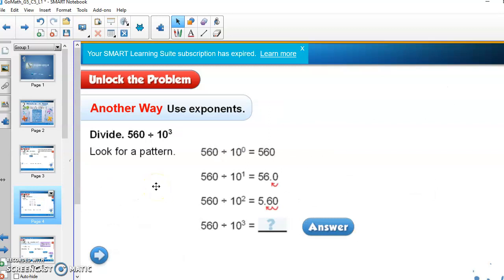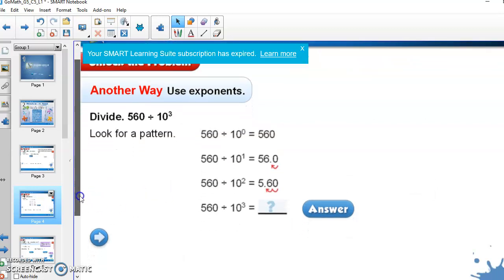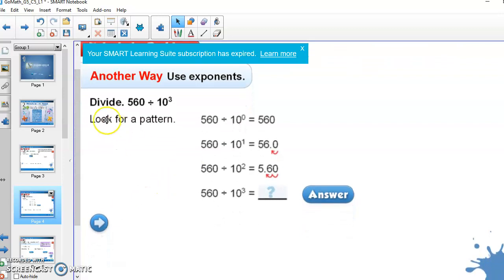All right, another way, using exponents. We talked about exponents a few lessons ago. Let's look for a pattern again when we're dividing by powers of 10 that are represented in exponential notation.